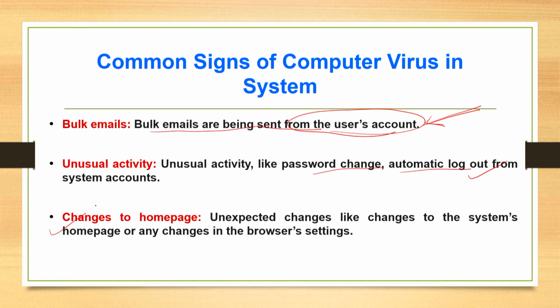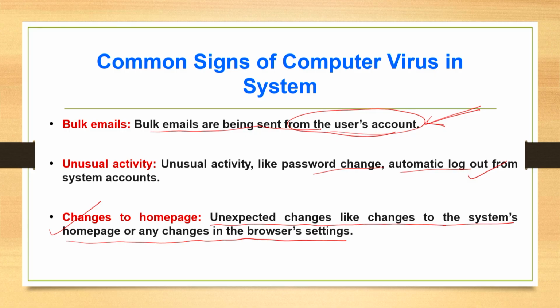Another indication is changes to the home page, that is, unexpected changes to the system home page or changes in the browser settings. So, these are some of the common signs.